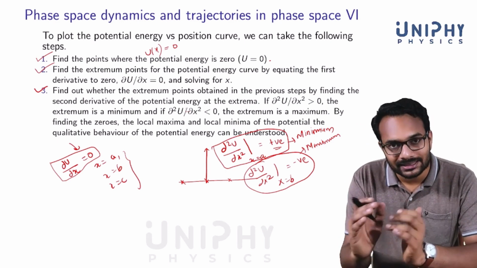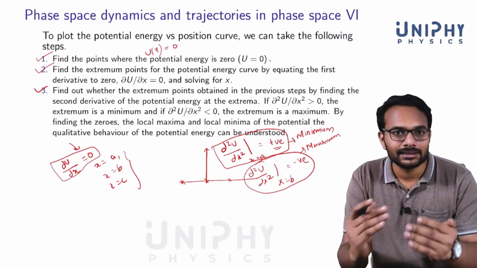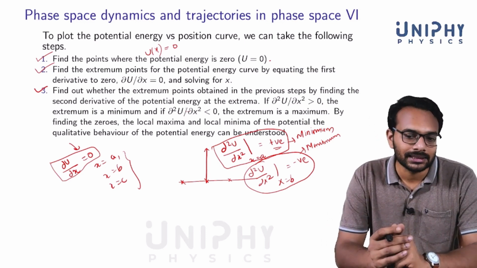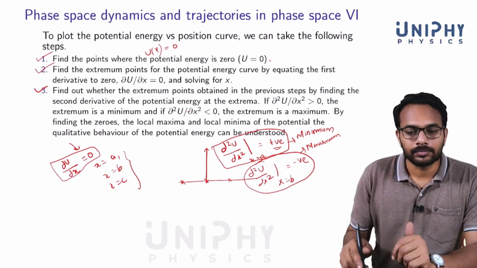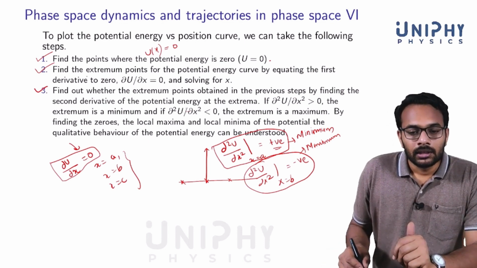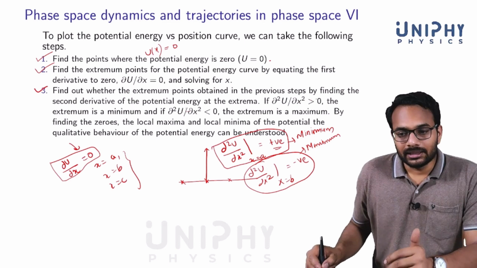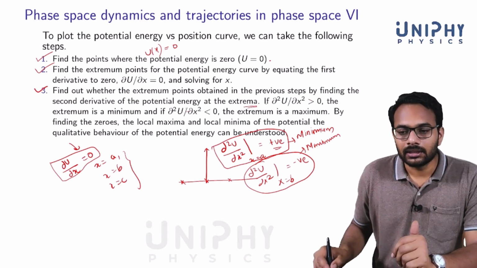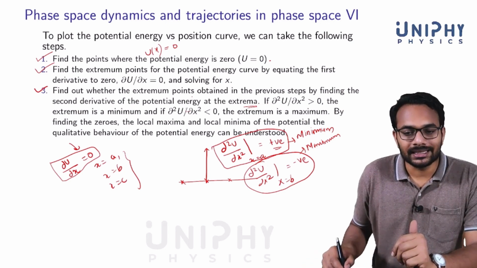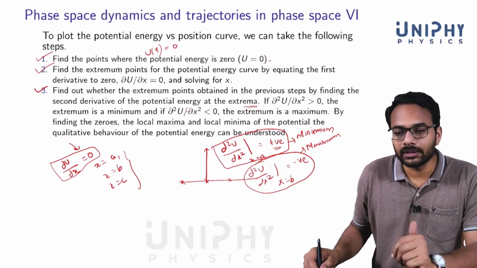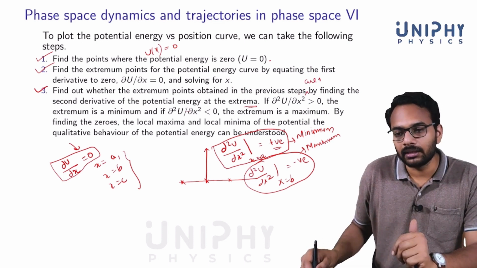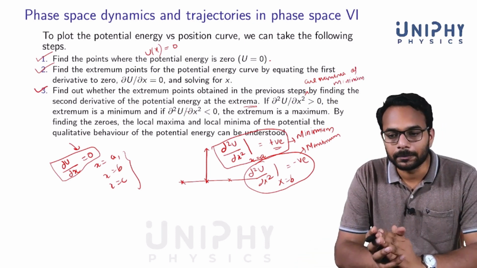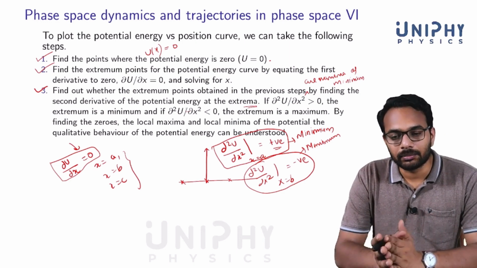Once we get the shape of the potential energy, we draw the energy lines and then we draw the phase-space trajectories. So find out whether the extremum points obtained in the previous steps are maxima or minima, by finding the second derivative of the potential energy at the extrema.